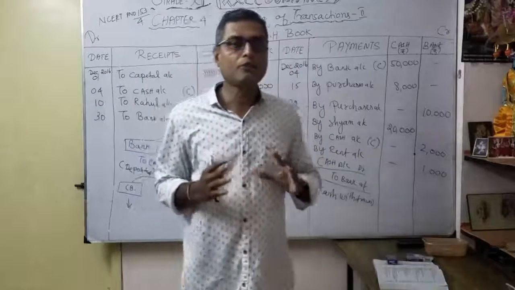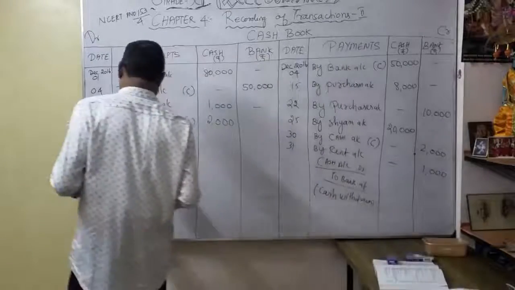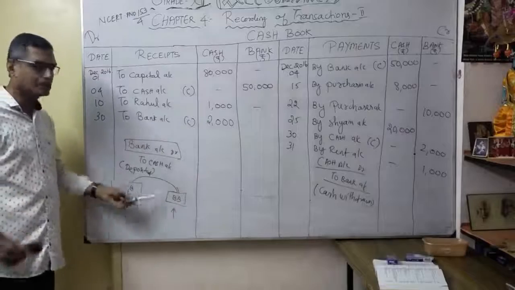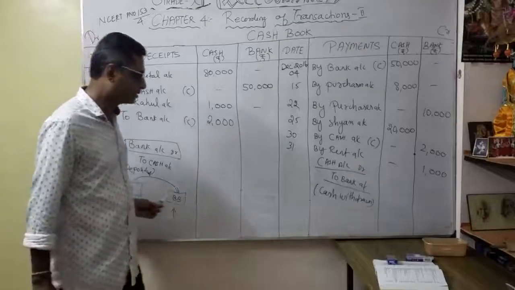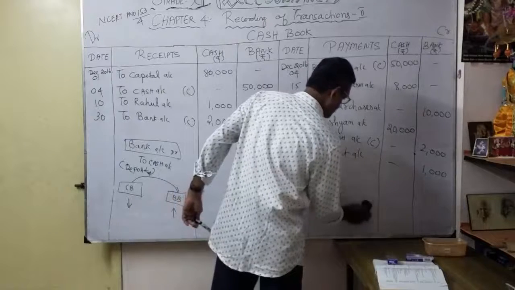Now let's see how we are going to do the balancing. Right now, what is in my cash? This you understood; I hope it is very important: cash deposited, cash withdrawn. Now we are going to do balancing.